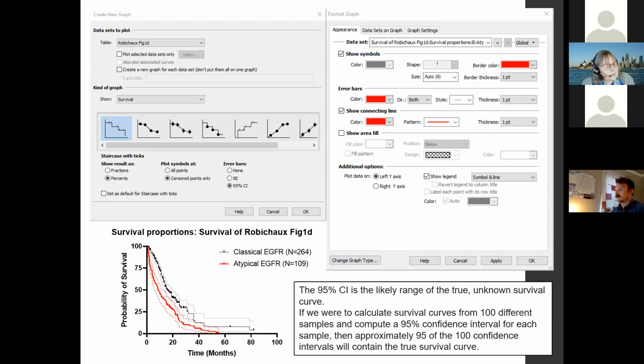And you'll see some survival curves usually have a colored band around that, or you can do these dotted lines that just give an idea that we think the truth probably will lie somewhere between these lines, given that we have some error in our measurement in our sample that could differ from the final example. And you do that by going in and you can color code the error bars and the thickness and the type of line that you want.